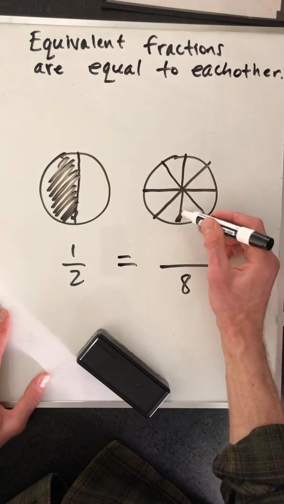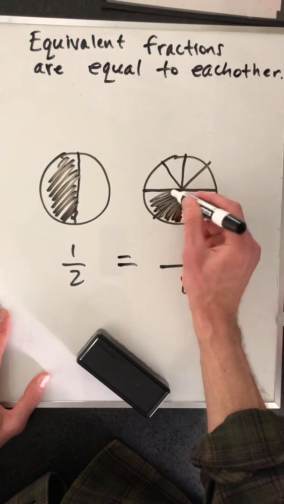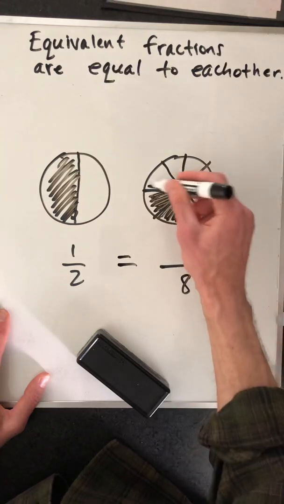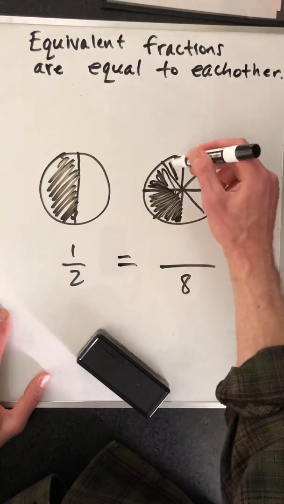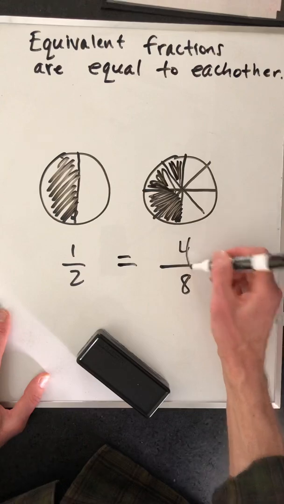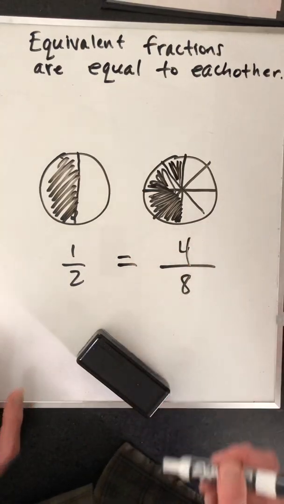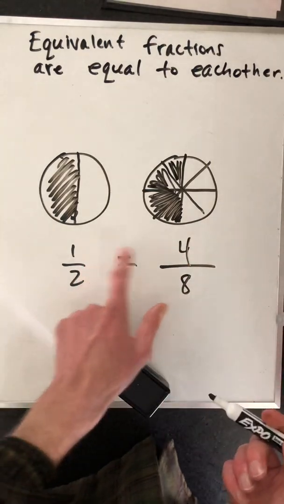And how many eighths? 1, 2, 3, and 4. See, now it's the same amount of stuff. So 1/2 equals 4/8. Now look at the relationship between these numbers.